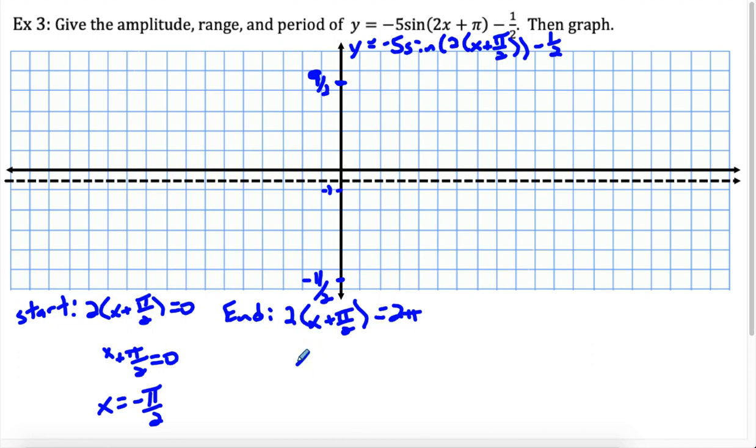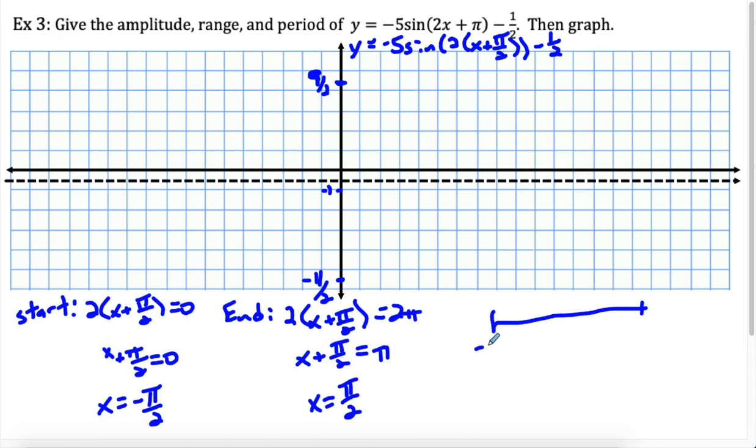Divide both sides by 2. Get x plus pi over 2 equals, I'm sorry, that's not right at all, equals positive pi. 2 pi divided by 2 is pi. Then subtract pi over 2 over, and we'll get x equals pi over 2. So I'm starting at -pi over 2 and ending at positive pi over 2.